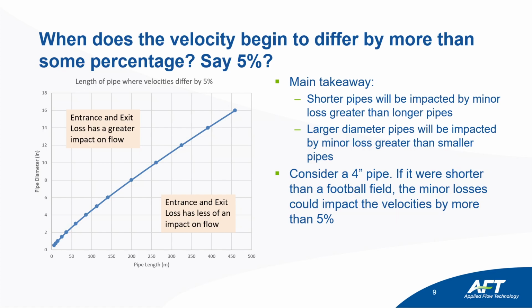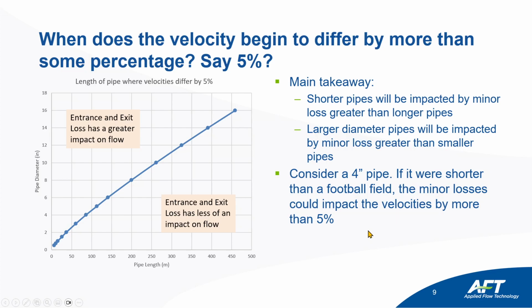I've already done the math for you, and it all gets jumbled into this graph right here. If we have some pipe length versus some pipe diameter, there will be an intersecting point that says at this pipe length and diameter, the differences in velocities are going to be 5%.